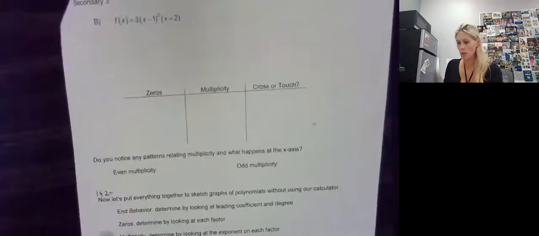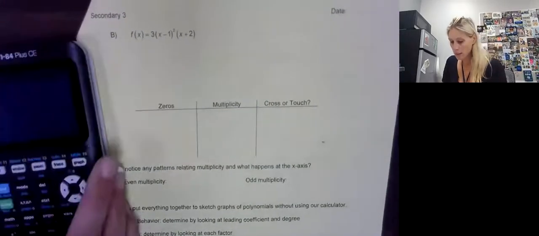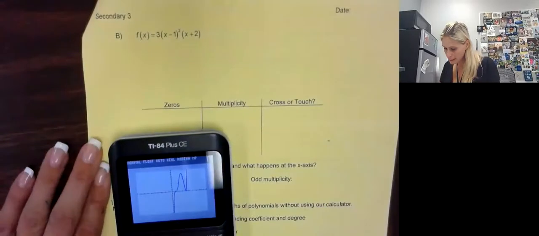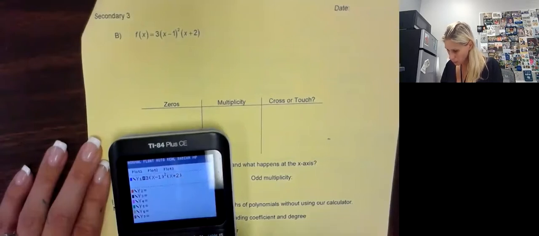All right, let's see if we can discover something as we do another one here. So again, let's take our calculator. Let's plug this in. 3 times x minus 1 squared times x plus 2. Graph.